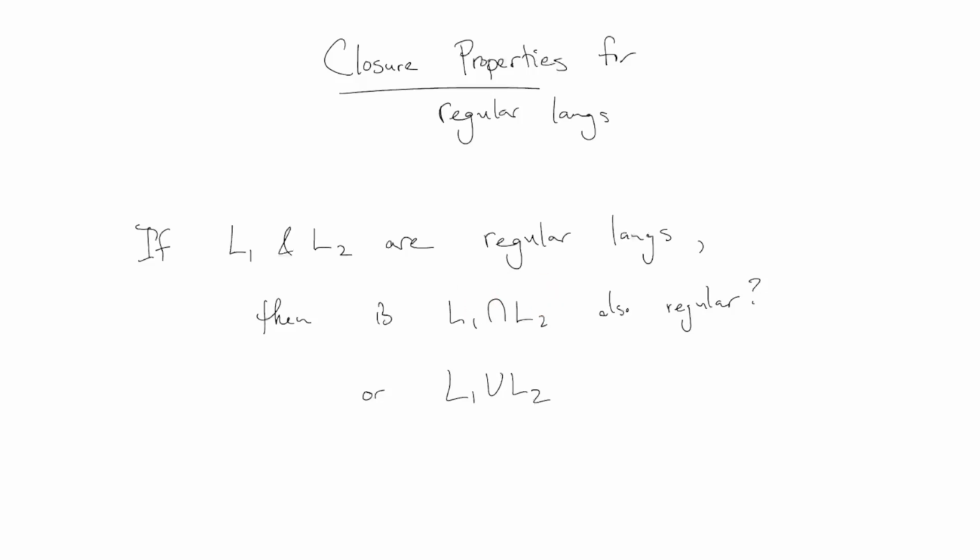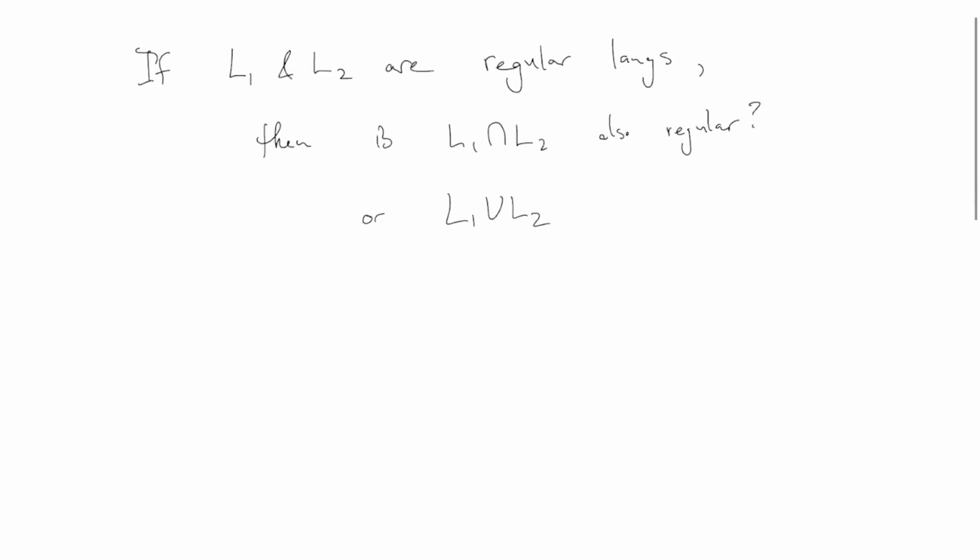Another way to think of this, in terms of machines, is that the same question can be phrased in a way which maybe seems a lot more down to earth, in terms of DFAs. Here's the same question.